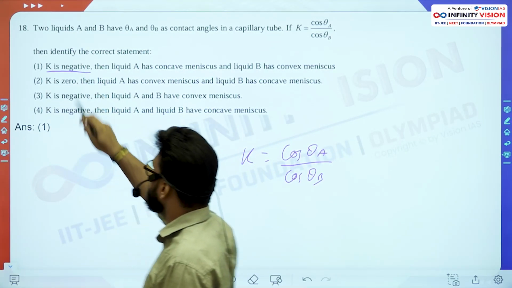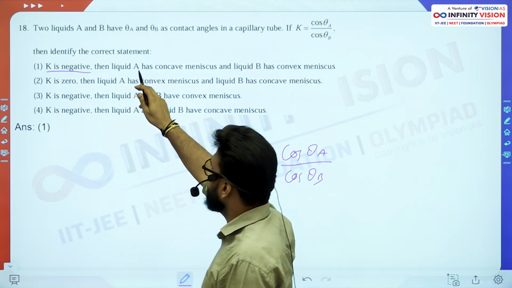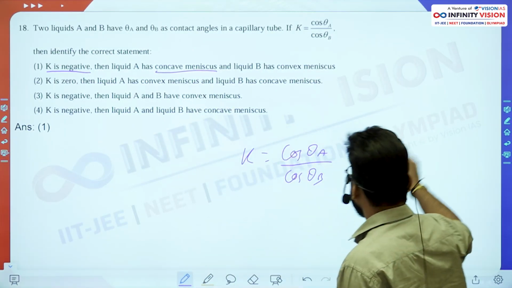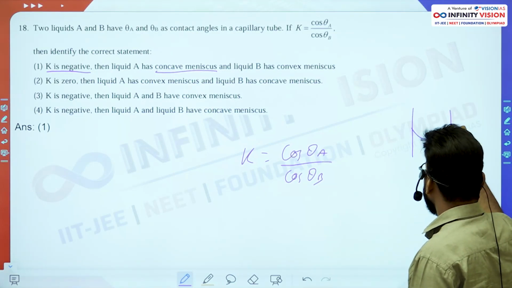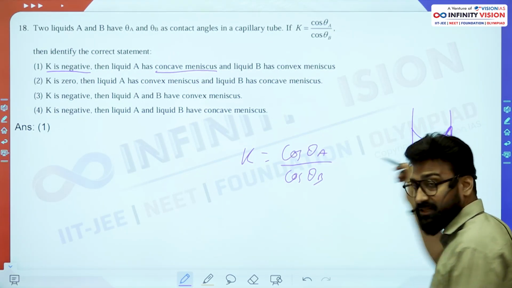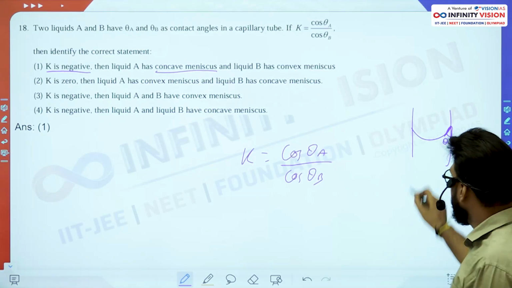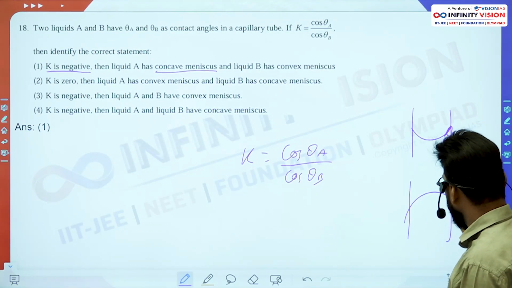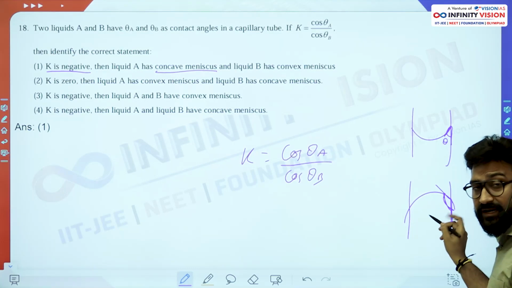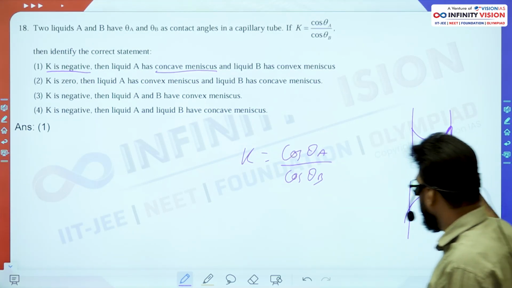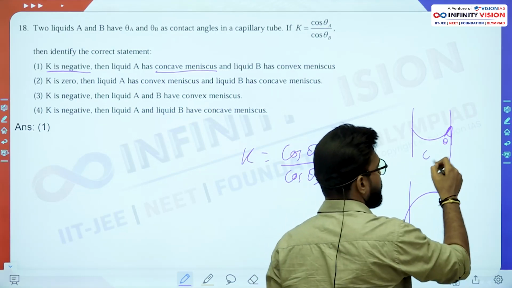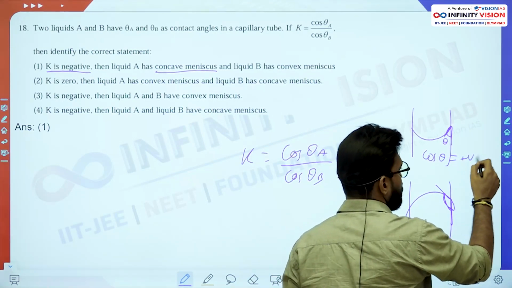K is negative when liquid A has concave meniscus. Remember, if it is a concave meniscus, that means this theta is less than 90 degrees. If it is a convex meniscus, this angle is greater than 90 degrees. When the angle is less than 90 degrees, the cos theta would be positive.